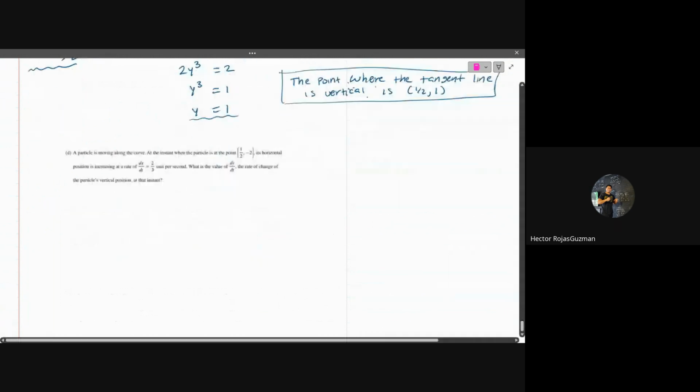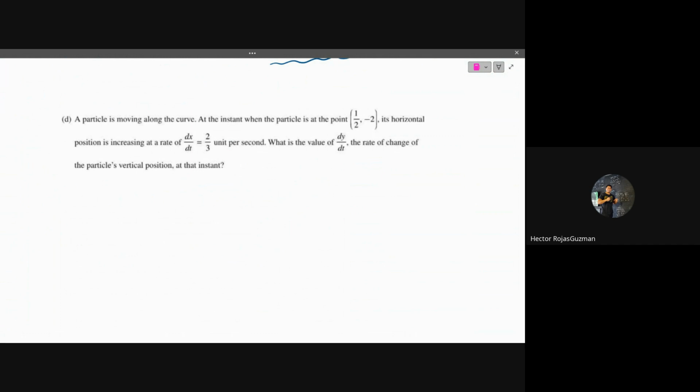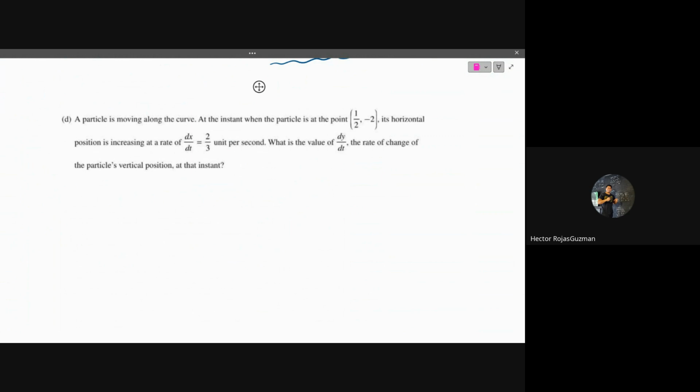Okay. Last one. Part D. A particle is moving along the curve at the instant when the particle is at the point 1/2, comma -2. Its horizontal position is increasing at a rate of dx dt of 2/3 units per second. What is the value of dy dt, the rate of change of the particle's vertical position at that instant?